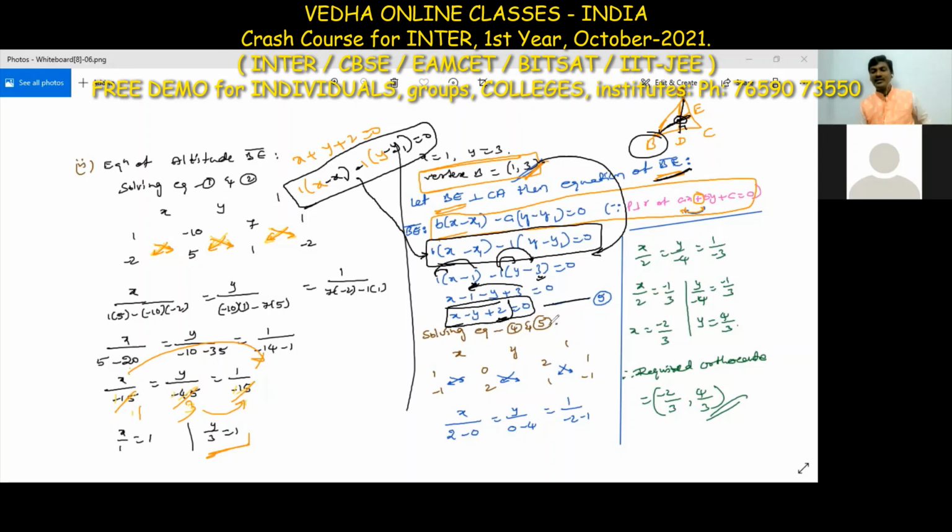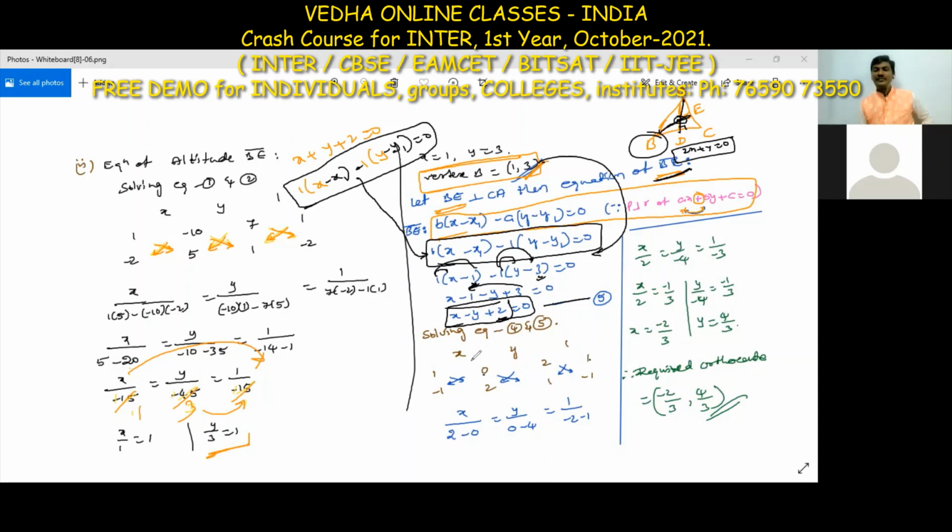Okay, x, y, and 1. We take the y coefficient, constant, x coefficient, again y coefficient. Already we got the equation of AD, that is 2x plus y equal to 0. So if we take the y coefficient 1 and constant 0, 2, again 1.